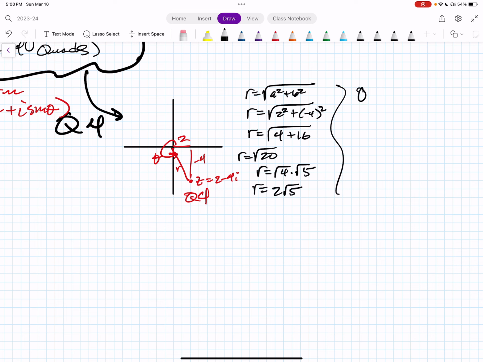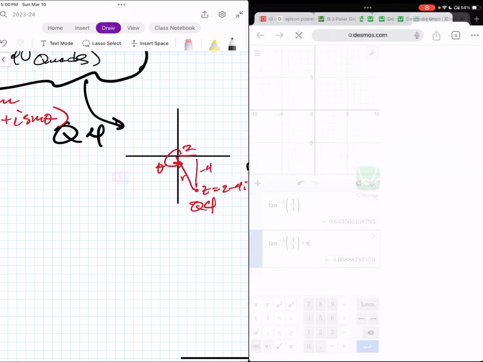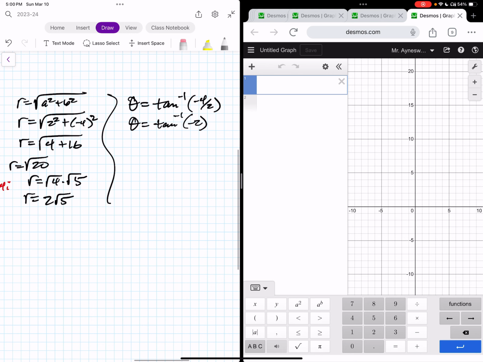Now you get your polar angle. Theta is equal to the inverse tangent of b divided by a. So it's negative 4 divided by 2. Simplify a little bit: inverse tangent of negative 2. Kick in the calculator when you need it, and we need it.